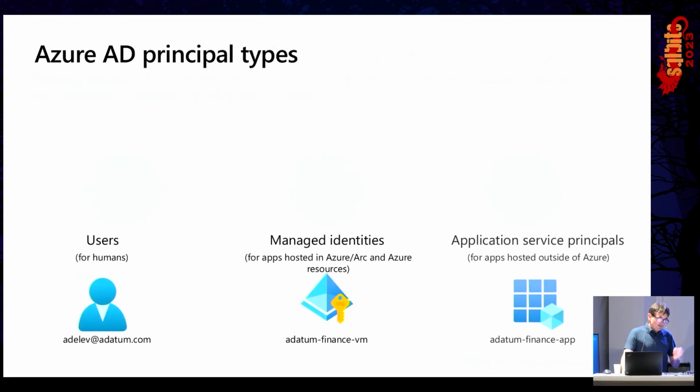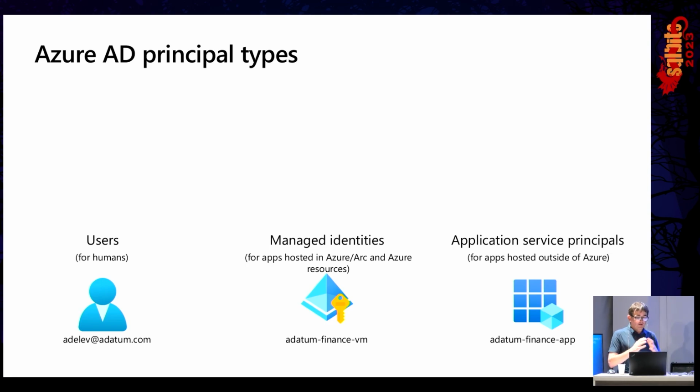A recap on some basic terminology that we will use throughout this presentation. In Azure AD, we have three main types of principals, right? We have user principals, typically used by human users, okay? And we have two types of service principals used by applications.